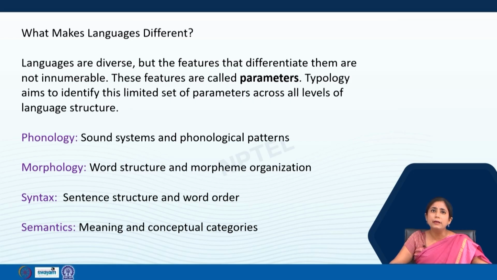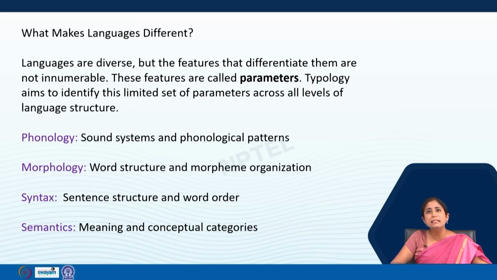So, what makes languages different? When I am talking about different or diverse languages, we can very superficially say that I don't understand this language, so this is very different from my native language. But languages are different, and the features that make them different can be of various types.